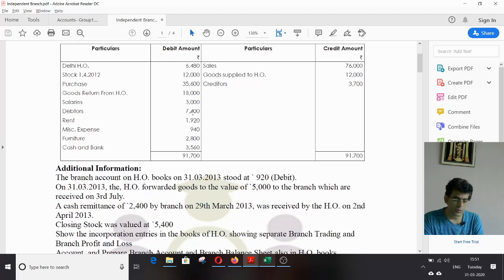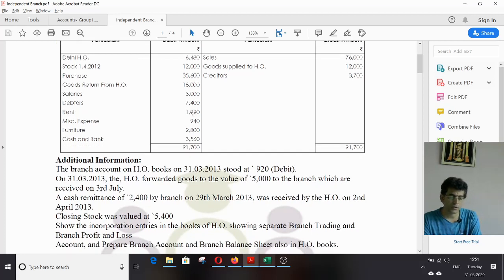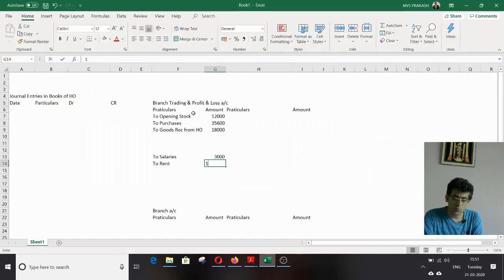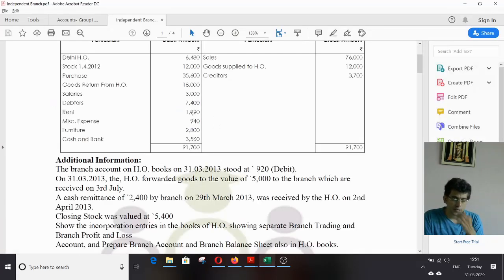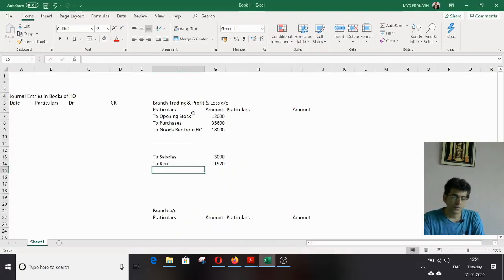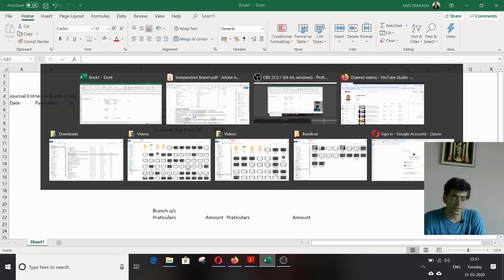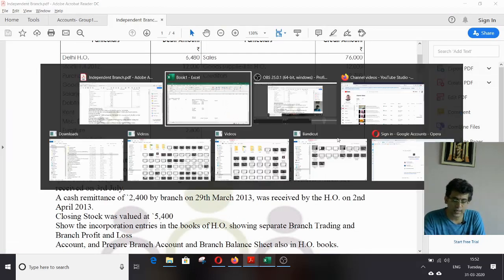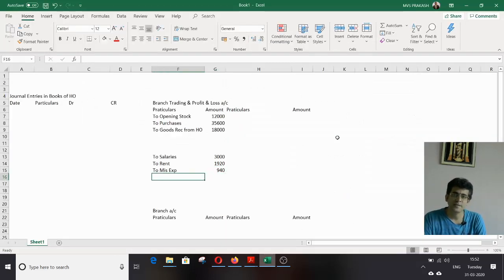So rent is how much? 1,920 is the amount of rent. So to rent 1,920. Then to miscellaneous expenses amounting to 940.